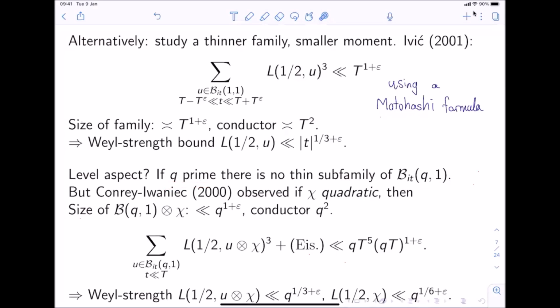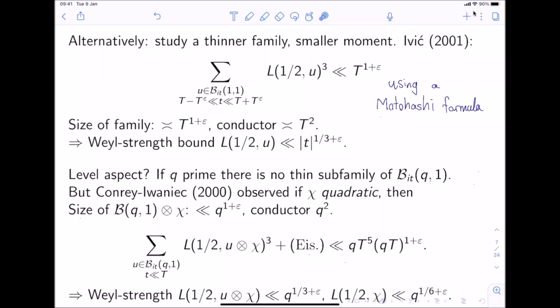On the other hand, Conrey and Iwaniec observed that if I take chi to be the quadratic character, and let's just stick to prime powers for right now, so chi is just the Legendre symbol mod p, then if I take the forms of level Q, so here this includes both, I'm still thinking about Q prime in this line right here.